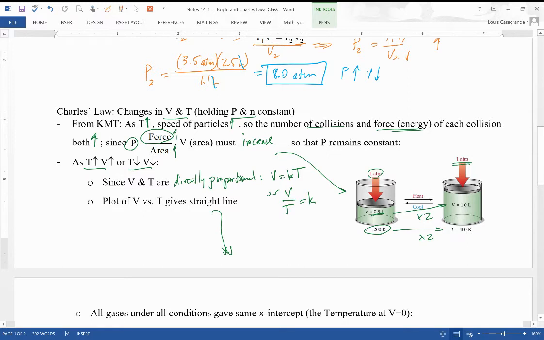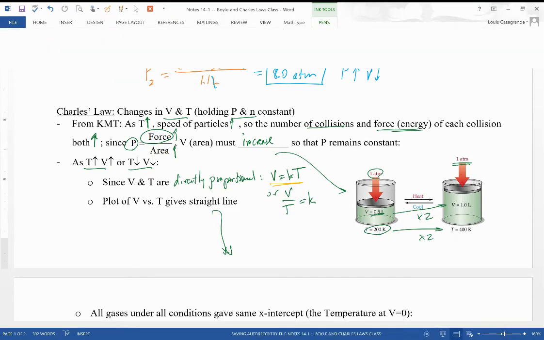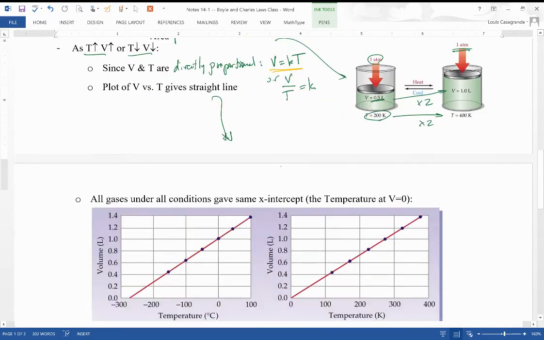If you look at the first form of the equation, that's actually a straight line with a y-intercept equal to 0.